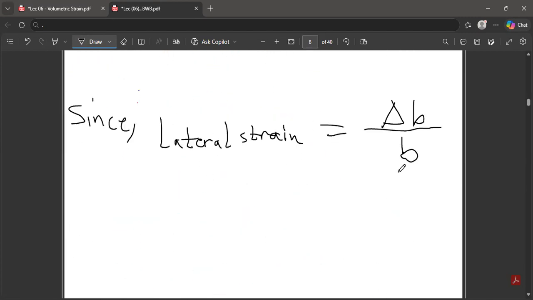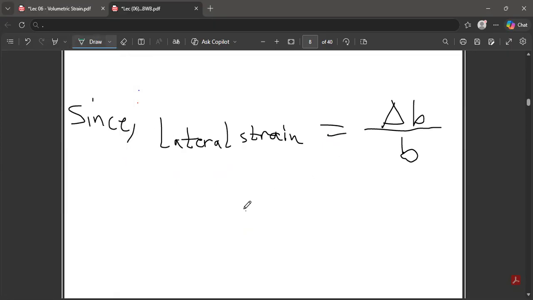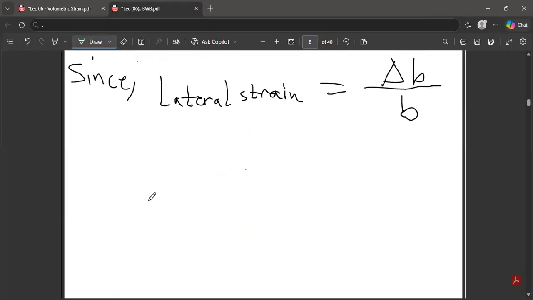At the end of the day, we can just do some substitution and get our answer. So whatever I've written over here theoretically can also be expressed as this. Our lateral strain is equal to the change in breadth.